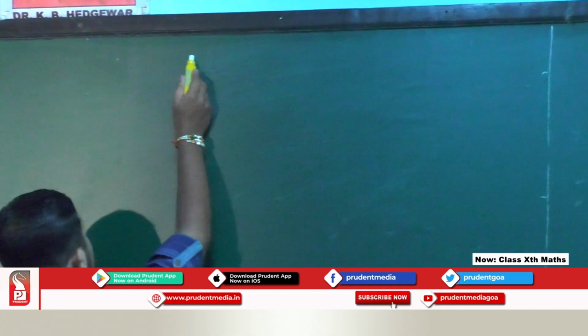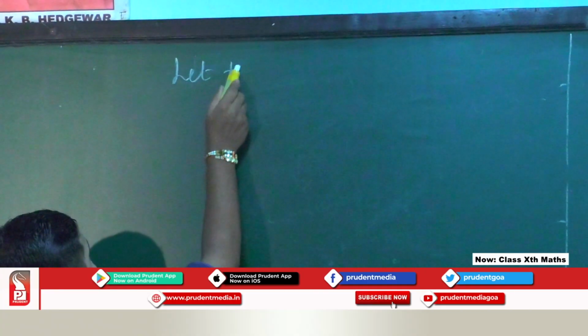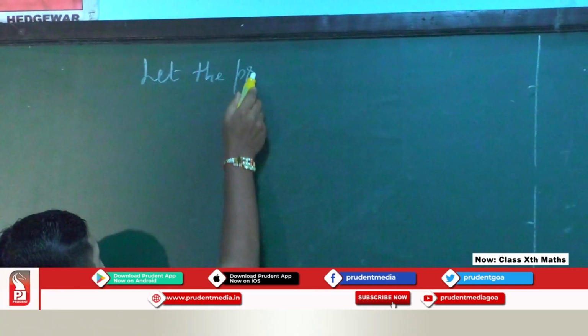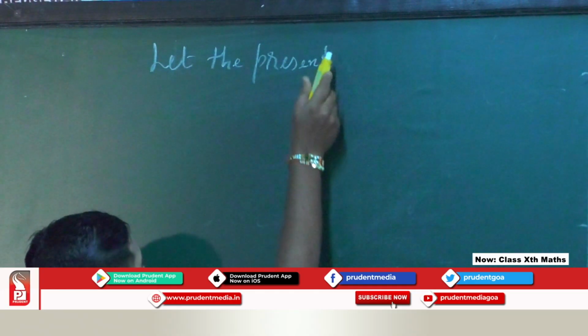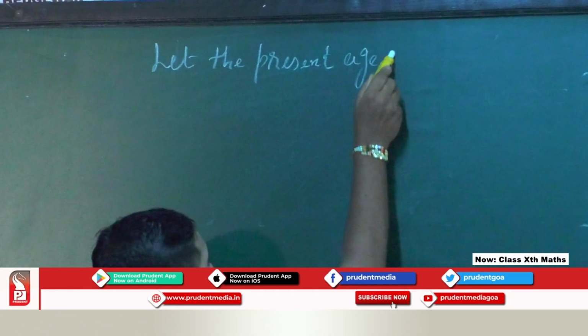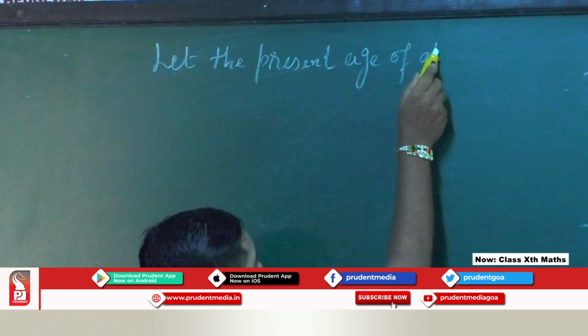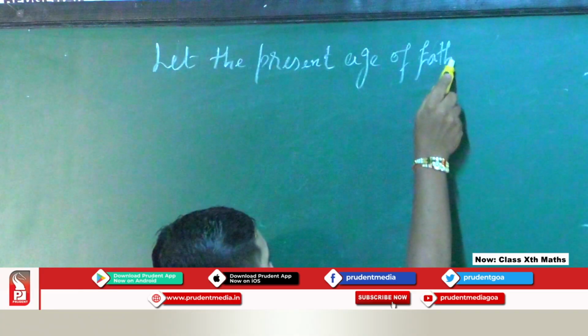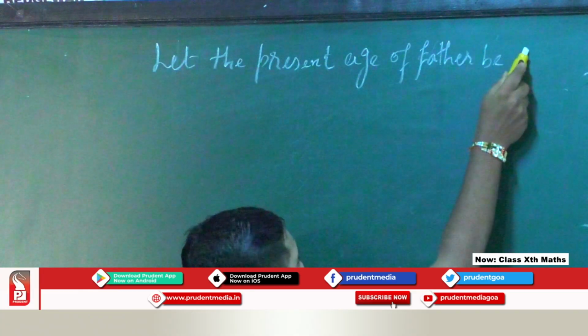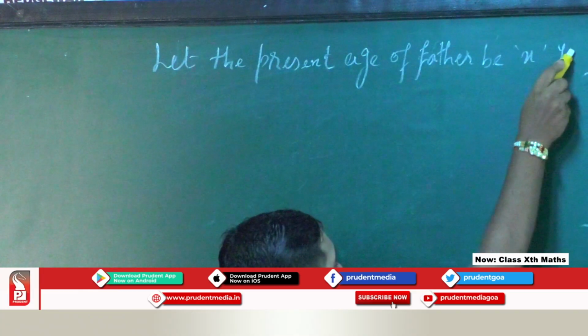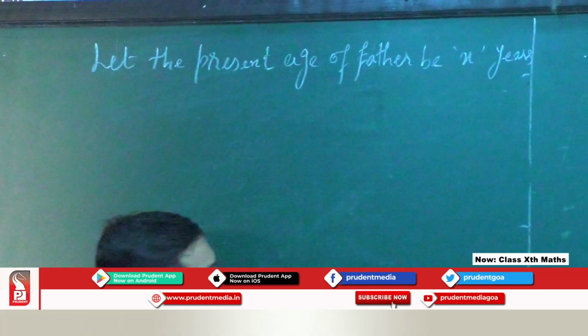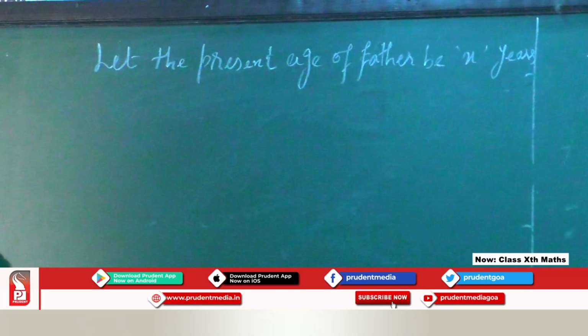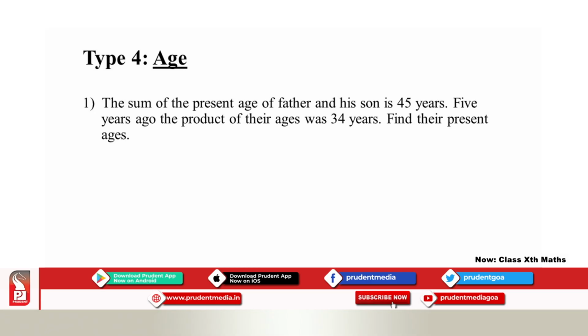So let the present age of father be x years. Age means years will come. Now, what is it saying? The sum of the present ages of father and son, by adding father's age and son's age, is 45.